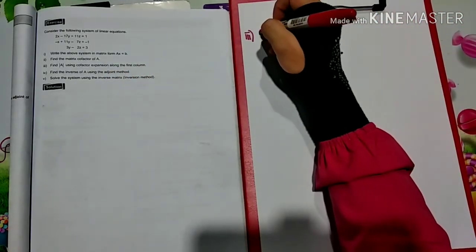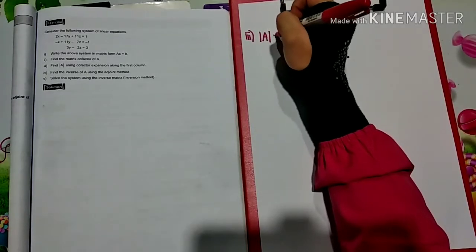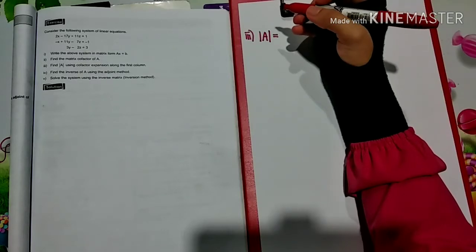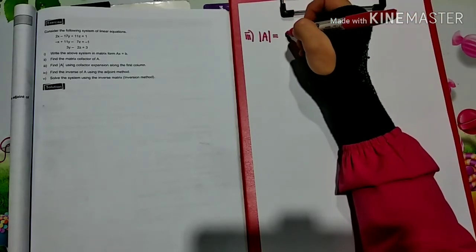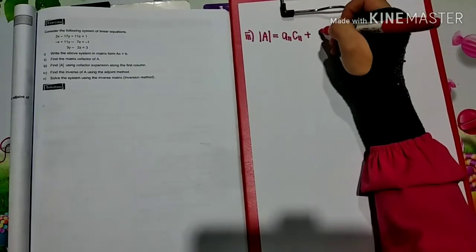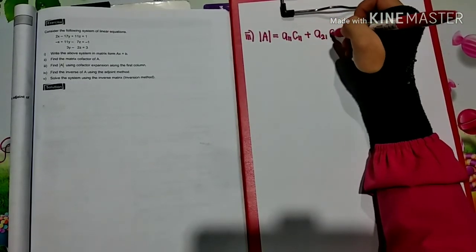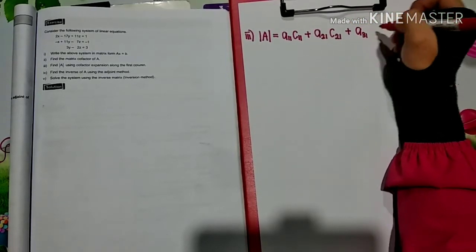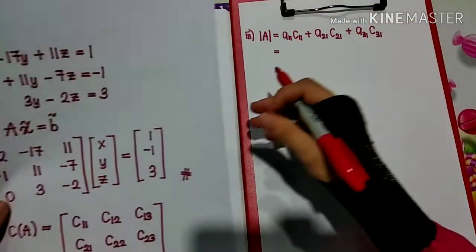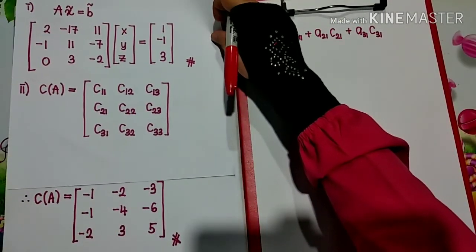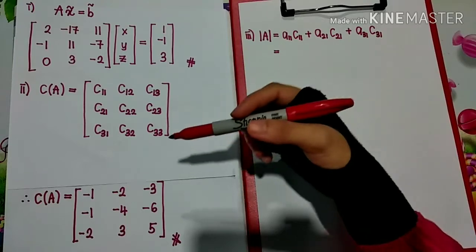The determinant of A, if we use cofactor expansion along the first column, then the formula will be A11 C11 plus A21 C21 plus A31 C31. So, you can get A and also the value of C here from the previous question.